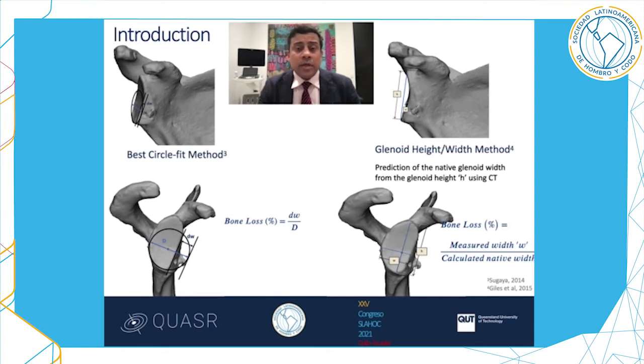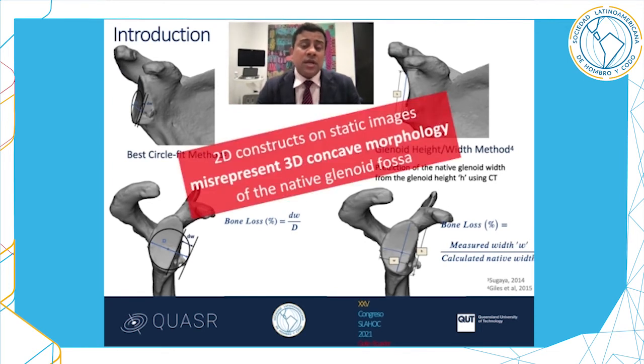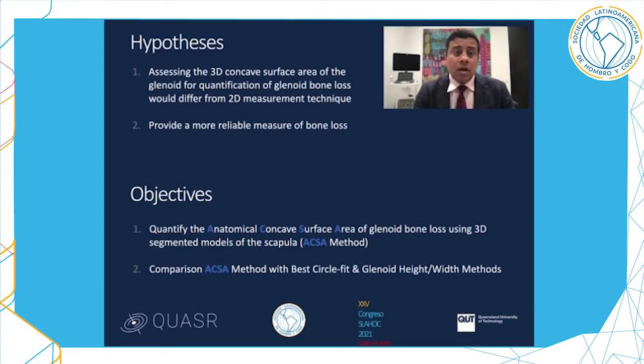So, what we try to hypothesize is that if we look at the current ways of measuring bone loss, these are all 2D constructs on static images, and they misrepresent the 3D anatomy or the concave anatomy of the glenoid fossa. So we hypothesize a more reliable method for estimation of bone loss would be actually to look at the 3D concave surface area of the glenoid so that we can quantify the bone loss in a 3D measurement.